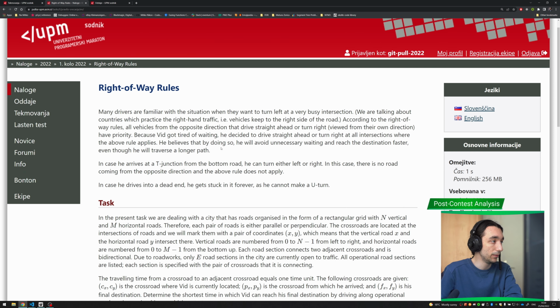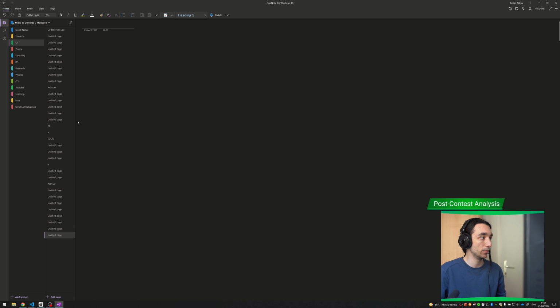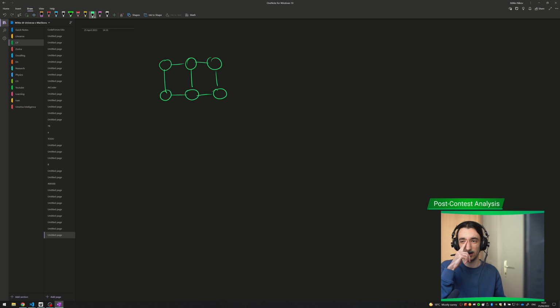You're given some intersections, like a graph, but the graph is given pretty weirdly. It's just which ones of these are connected and which ones are not connected. So some of them are like this.